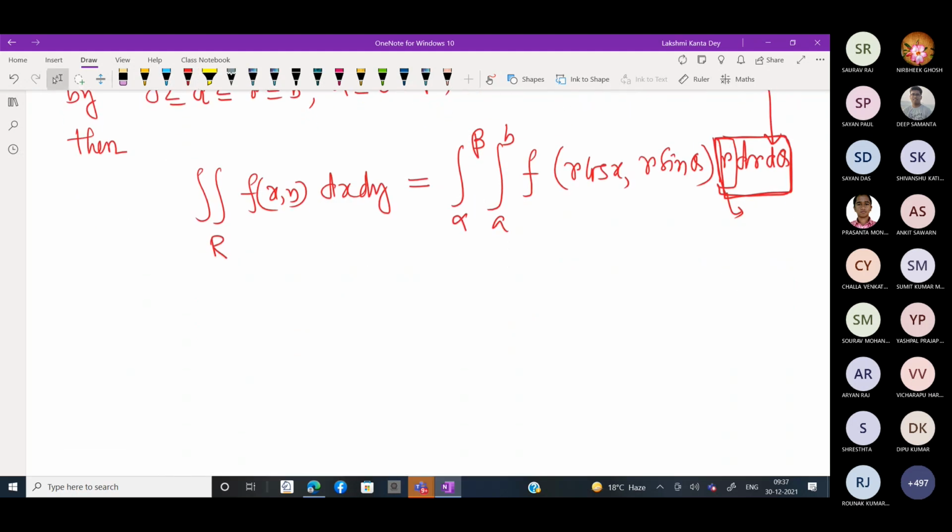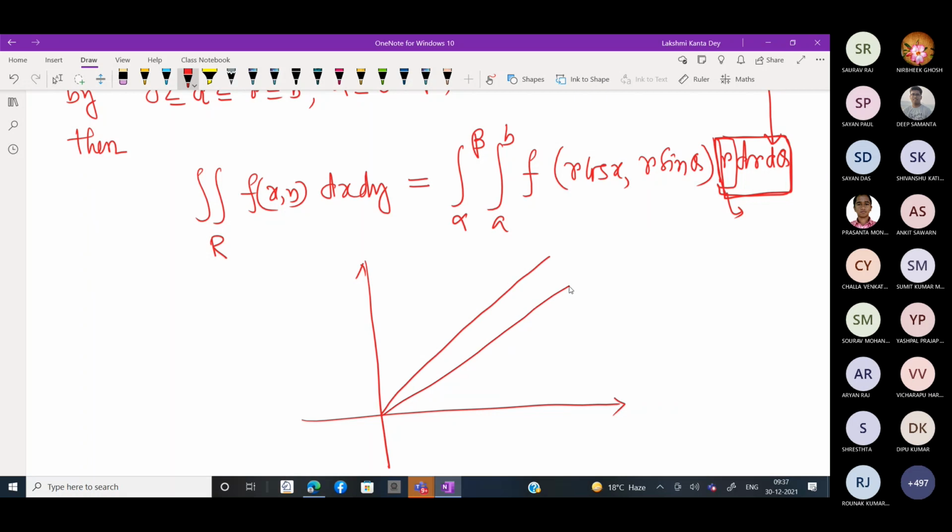Okay, why is this thing coming? I think it is not very tough to visualize. I would like to draw the picture, then you understand. Basically this part is your dA, small area here.